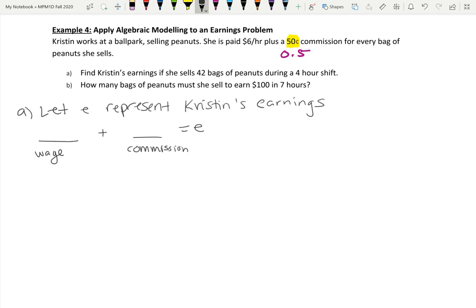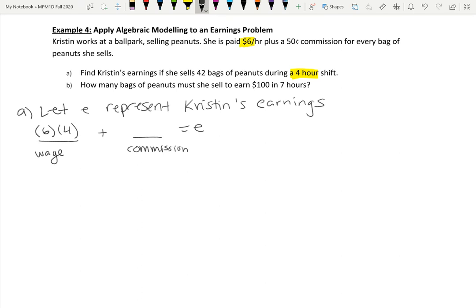Okay, so we'll start with the wage. She's paid $6 an hour. And in question A, it says she works 4 hours. Okay, so 6 times 4, 4 hours times $6 an hour.